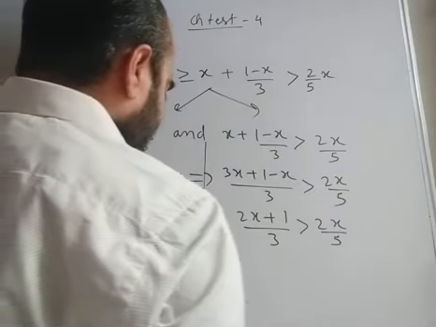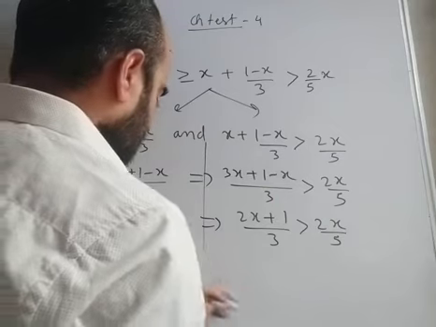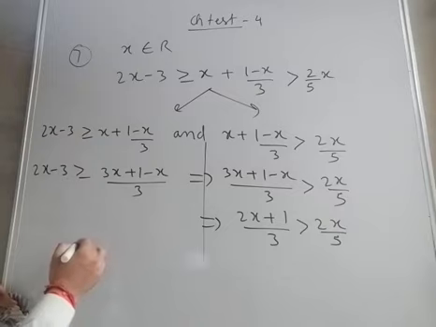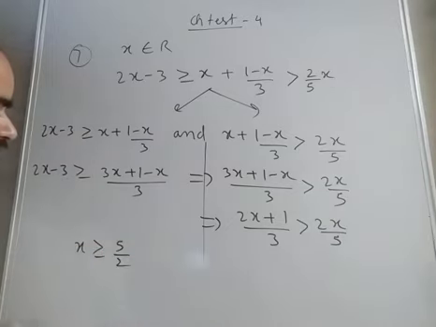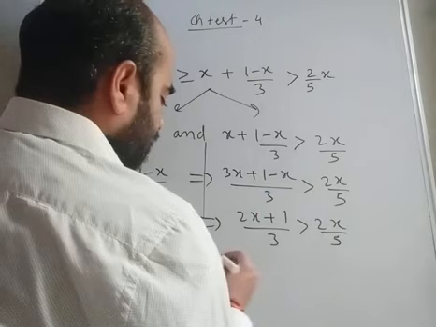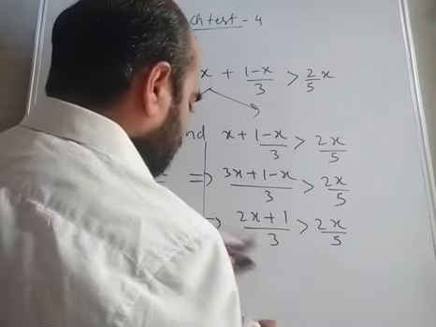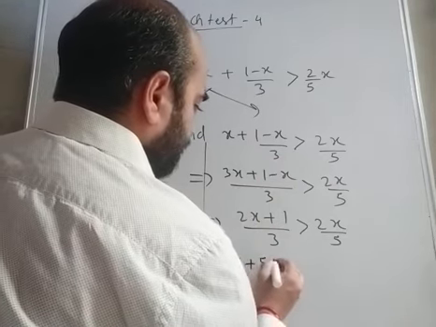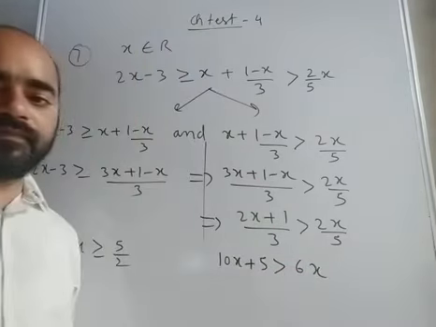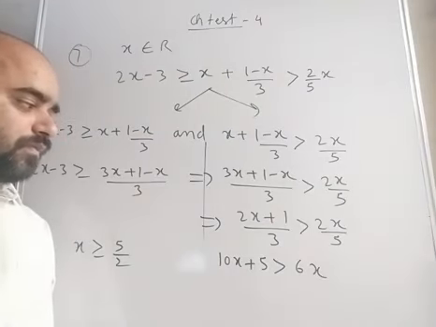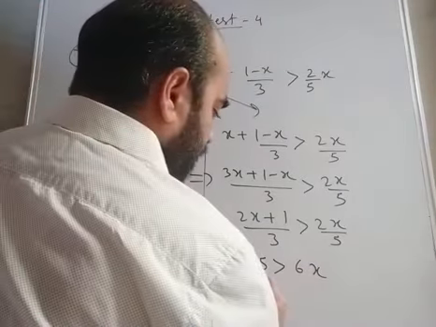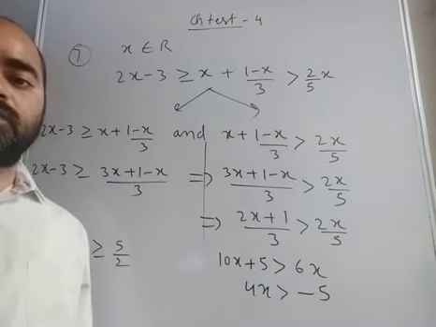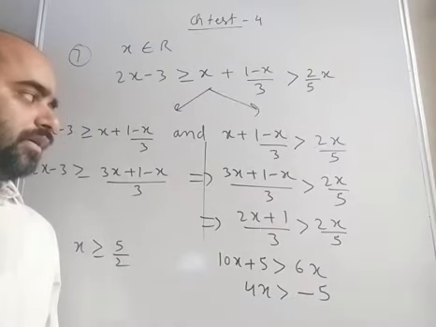Again cross multiplication, that will give 10x plus 5 greater than 6x. Correct? That will give 4x greater than minus 5. Clear? 4x greater than minus 5.